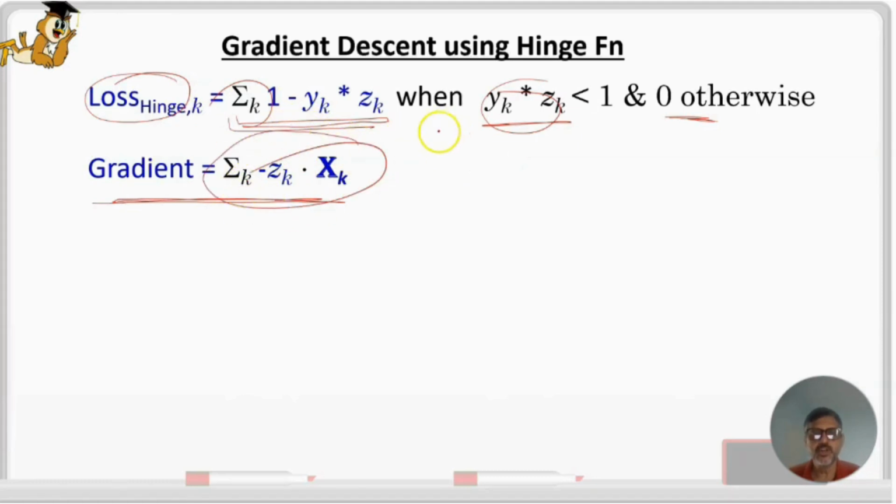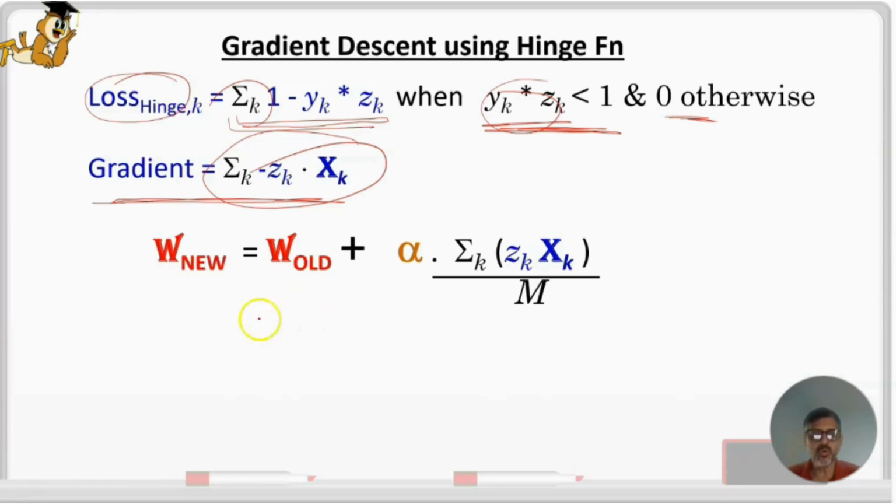Again, there is a summation over only those points where yk zk is less than 1. Okay, so given that this is your gradient, here is what your iterations are going to look like. Your new weights are going to be your old weights plus, because there is a minus sign in front of these gradients, and you want it to move in the direction of the negative gradient, so those two minus signs cancel each other to give you a plus.